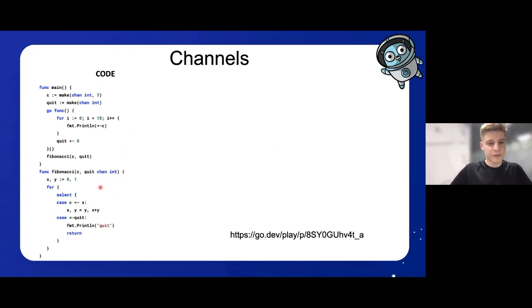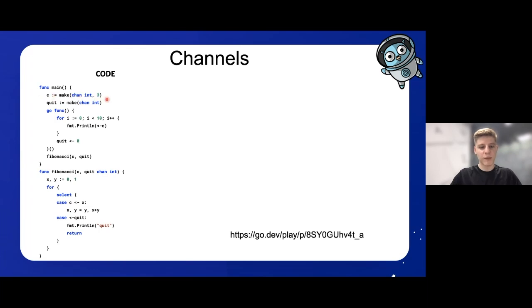For instance, here is a basic example of the producer and consumer pattern. What we can see here, we ran a producer, which asynchronously sends values to the channel. So here is the definition of the channel.